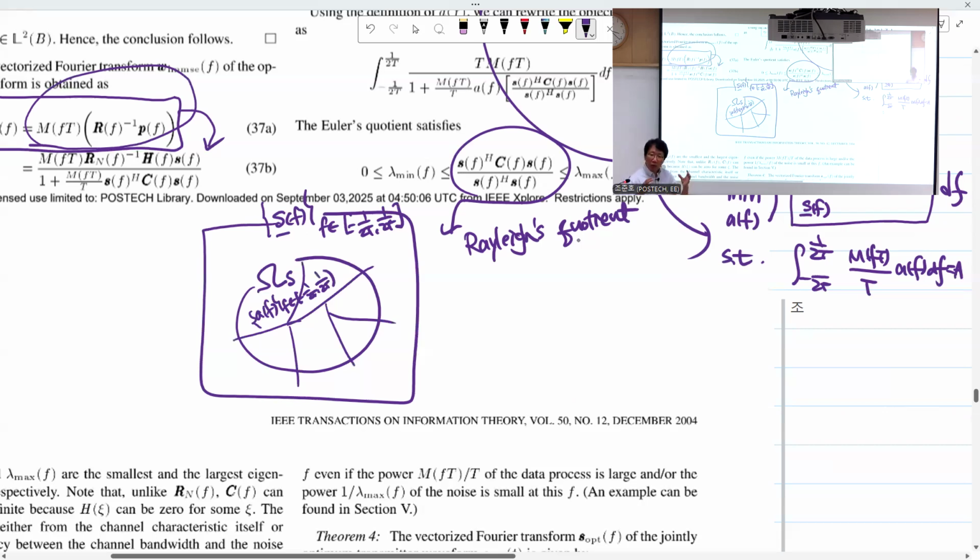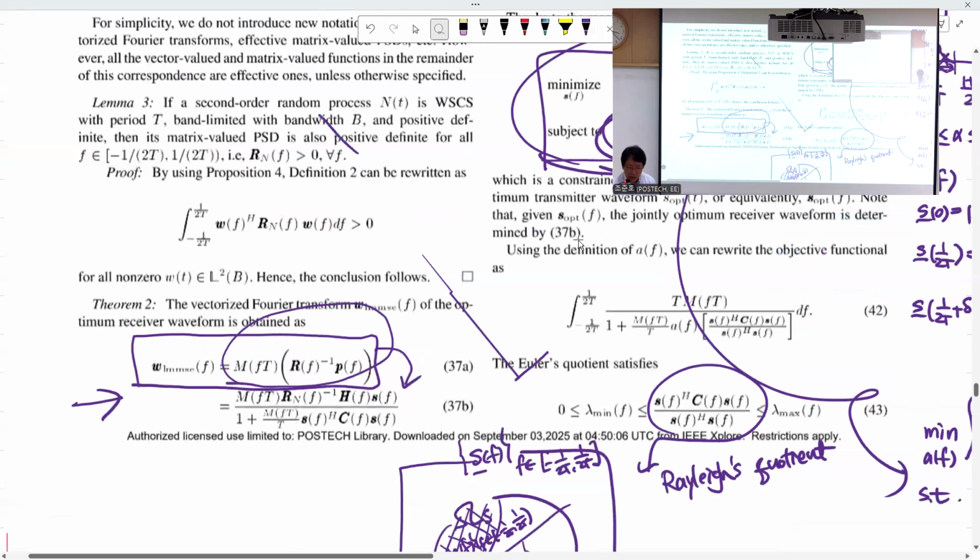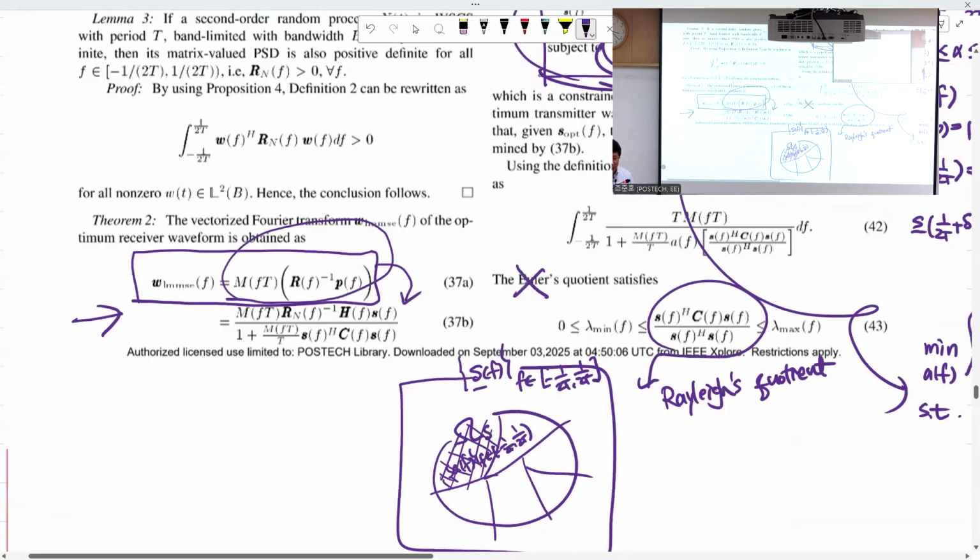So given the A of f function, my question is, can I find the optimal S inside this subset? And actually, it can be done using simple maximization of Rayleigh's, not Euler's. I really cannot understand why reviewers didn't point this out. They just read the equation only, I believe.